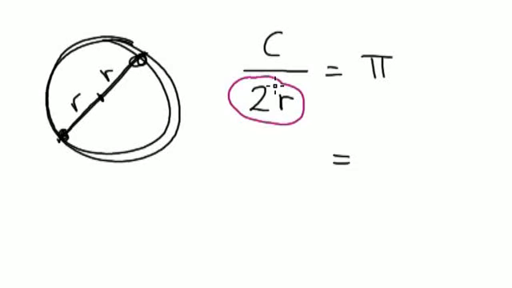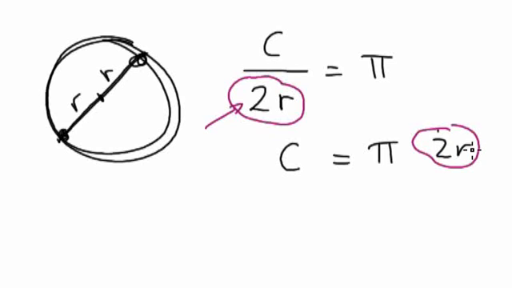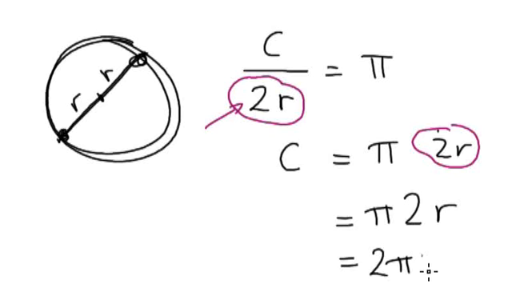You're going to multiply both sides by this bubble here. So it will be c equals pi times the bubble, 2r. Now just tidy up, because what this means is pi times 2 times r.